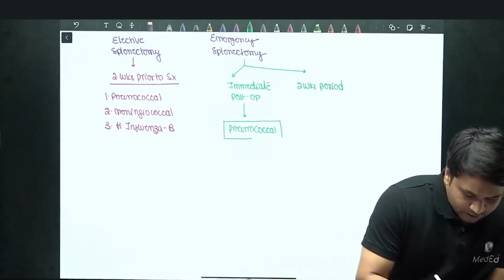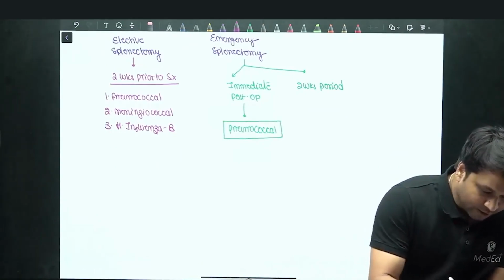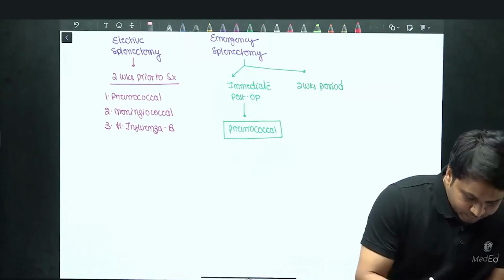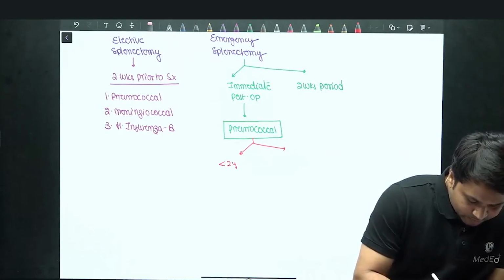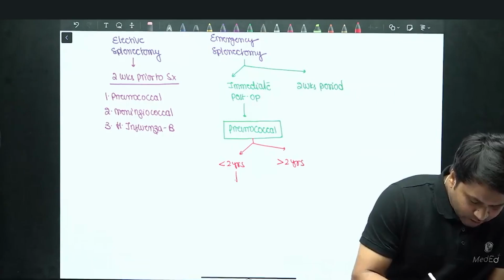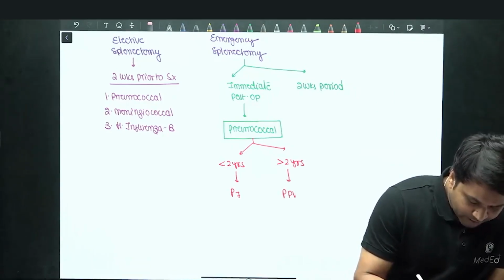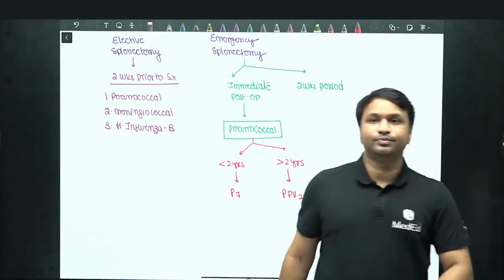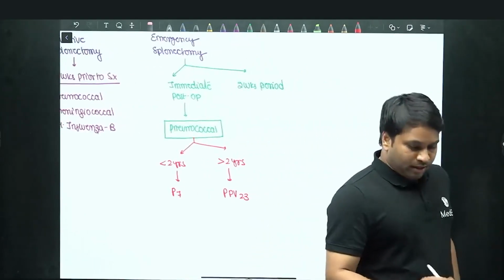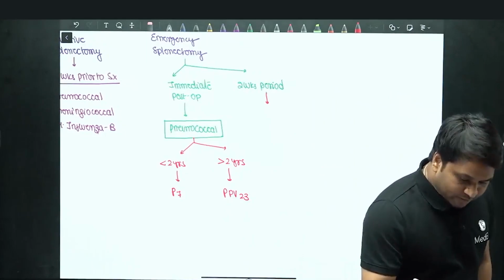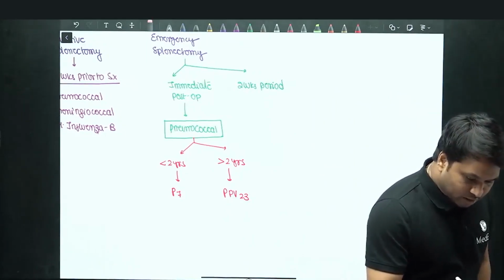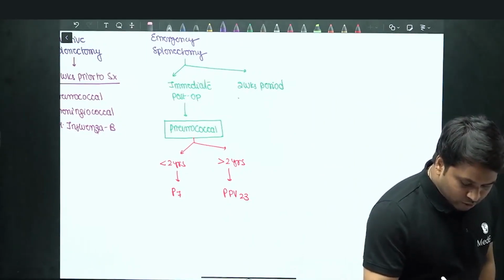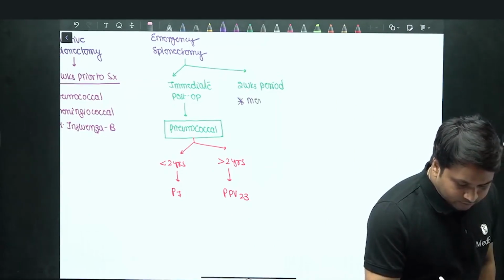The variation is with respect to age: less than 2 years or more than 2 years. Less than 2 years, we give PCV 7 valent. More than 2 years, PPV 23, that is 23 valency, right? In a 2 weeks period, you will give the rest of the vaccines, that is your meningococcal and H influenza B.